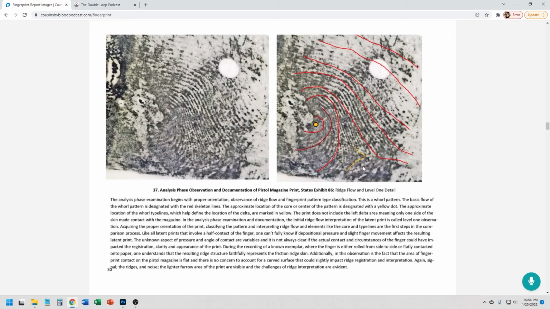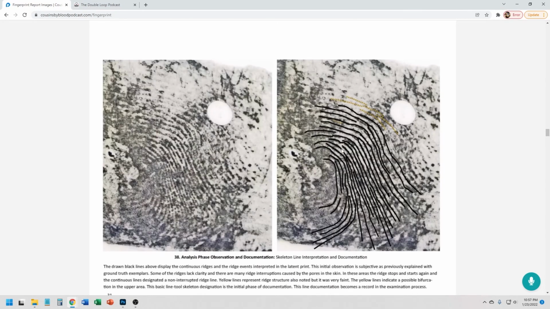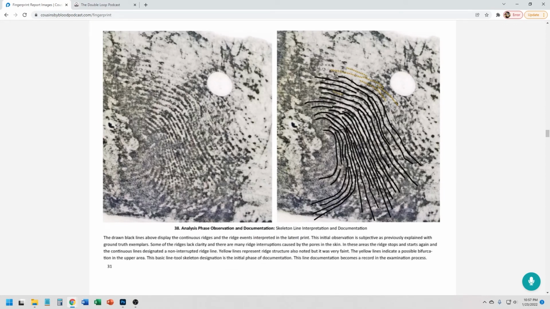They're not actually there, and that leads to this assumption of its location, which then, building off from there, goes into an assumption as to the orientation, that this is upright, and then sets the examiner up to continue those assumptions through the rest of the analysis and comparison.